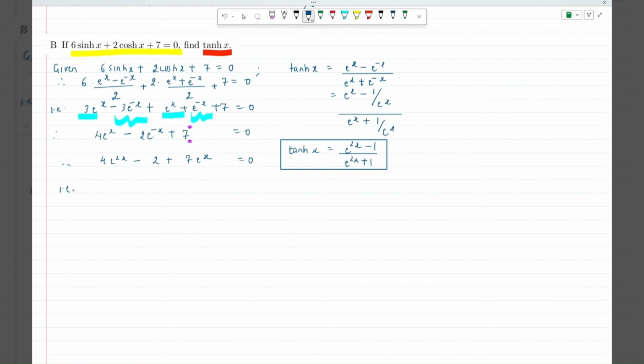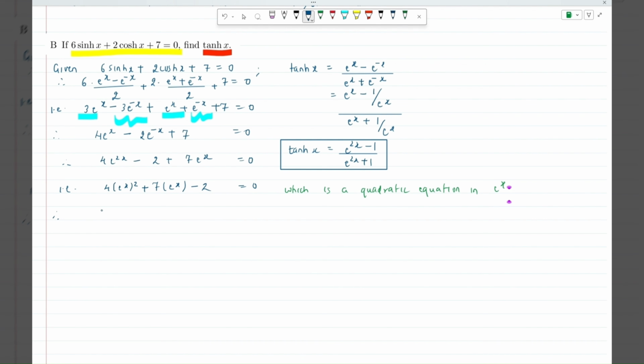So this can be simply written as 4 (e raised to x) whole square plus 7 e raised to x minus 2 is equal to 0. And this equation which we have got is a quadratic equation in e raised to x. So it looks simpler to factorize this.